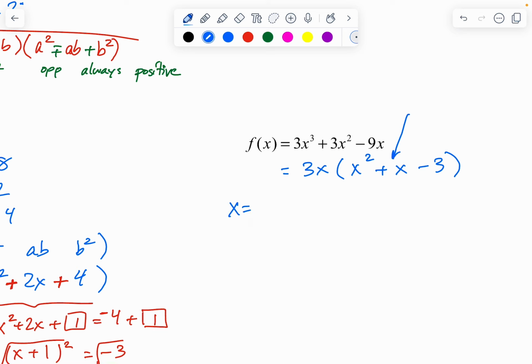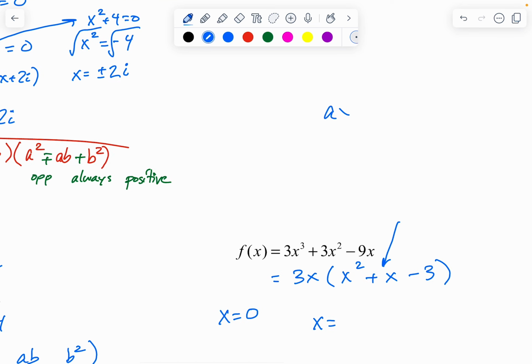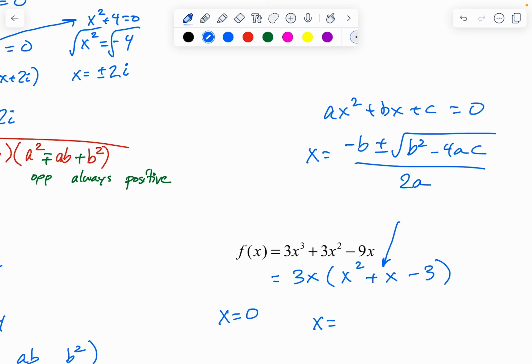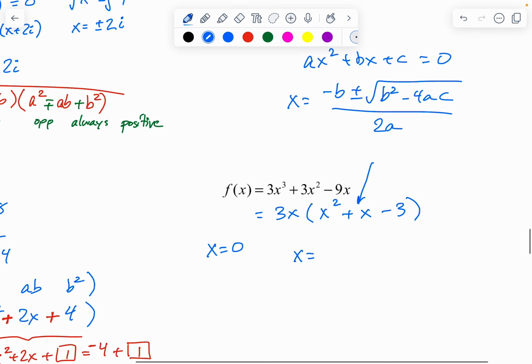Okay, so I have one zero of x equals 0 from right here. And then I have the quadratic formula. If you remember, ax squared plus bx plus c equals 0, then x equals -b plus or minus the square root of b squared minus 4ac all over 2a. I have a little bit of congestion, so singing's not my natural strength, but I'm willing to sacrifice myself for y'all.